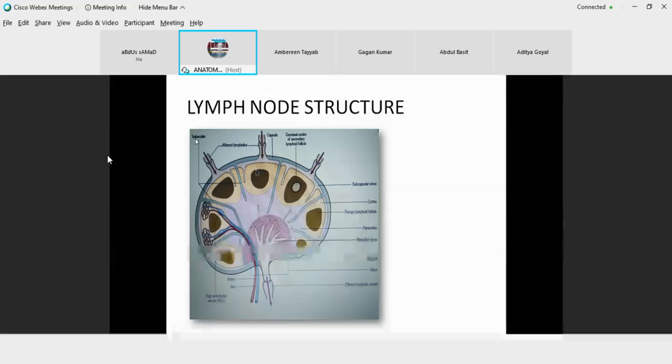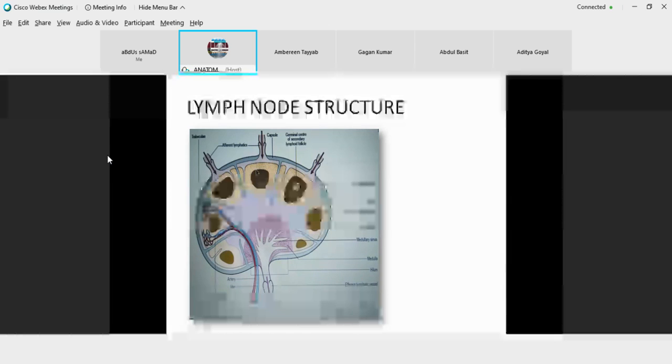Outgoing. Okay. So these are the incoming lymphatics or lymph vessels which enter the lymph node. So they can be more than one. Numerous afferent lymphatics and usually one efferent lymphatic, through which the filtered lymph exits the lymph node.